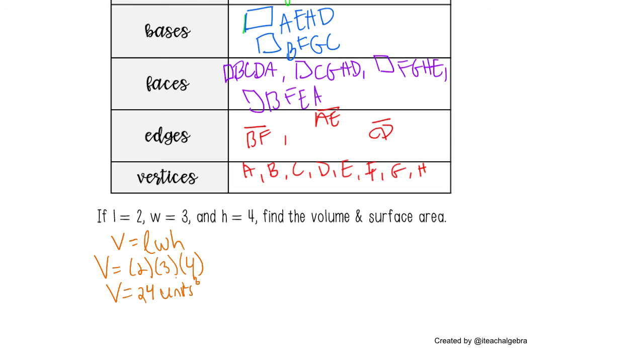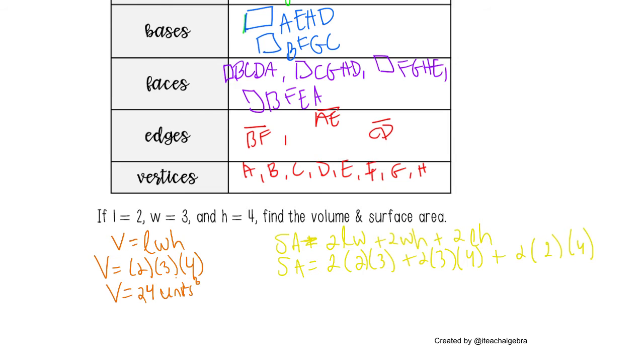cubed. The surface area, we said, equals 2LW plus 2WH plus 2LH. So that's 2 times 2 times 3 plus 2 times 3 times 4 plus 2 times 2 times 4.